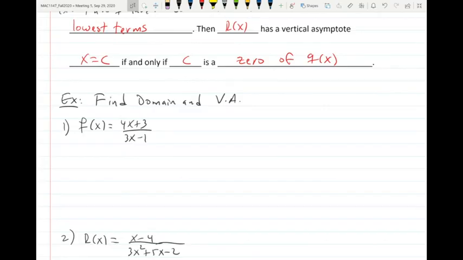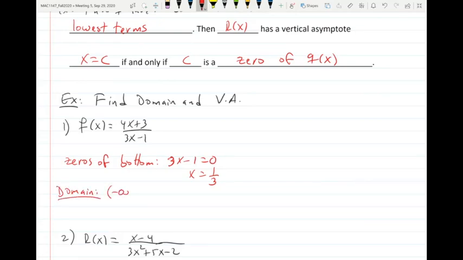Remember, here it's very important to have the zeros at the bottom. So that would be 3x minus 1 equals 0, which makes x equals 1 over 3. So what's the domain? The domain would be all real numbers except 1 over 3, as we saw.